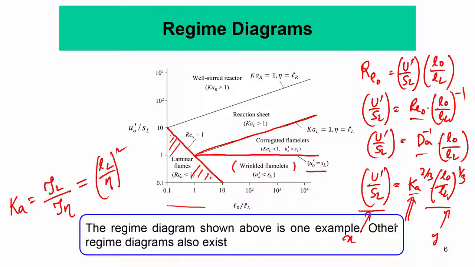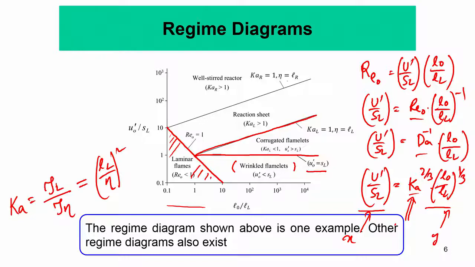So, when the Karlovitz number is equal to 1, it means your flame time scale is equal to your Kolmogorov time scale, and also your flame length scale is equal to your Kolmogorov length scale.